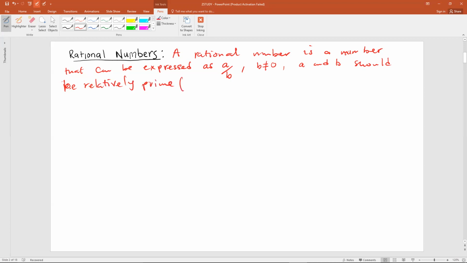What's the meaning of the words A and B are relatively prime? A and B have no common factor. In other words, this number should be a fraction written in its simplest form, with A and B having no common factor other than 1.